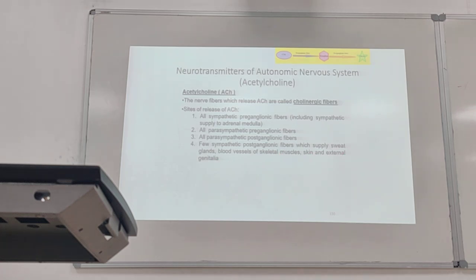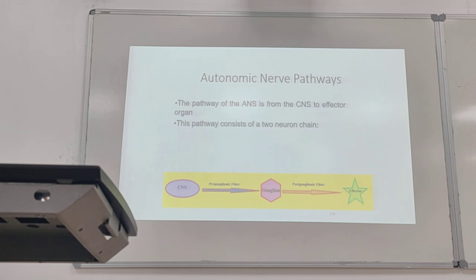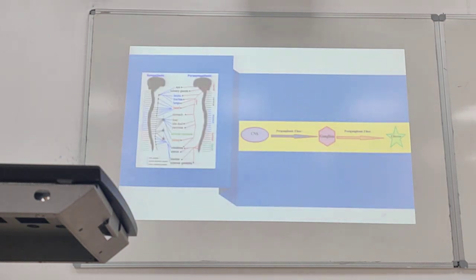I repeat once again, go back to this diagram for the final time. At this place the neurotransmitter is always acetylcholine, whether it is sympathetic or parasympathetic. So I say preganglionic fibers of sympathetic, acetylcholine. Preganglionic fibers of parasympathetic, acetylcholine. But here, postganglionic fiber, for parasympathetic, all of them have acetylcholine.